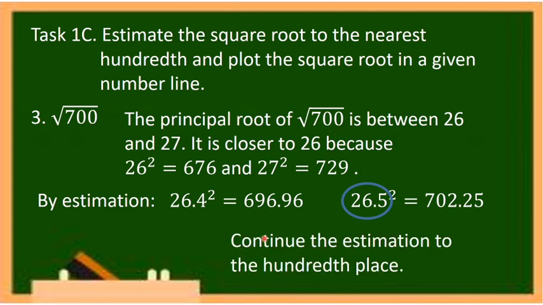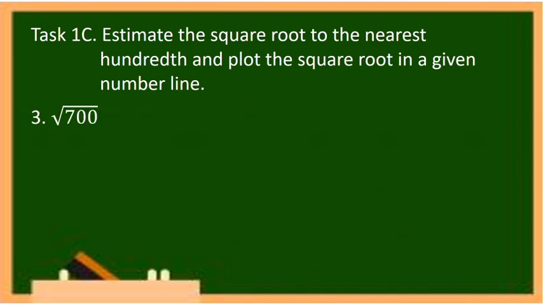Continuing the estimation to the hundredth place, since it is closer to 26.5, we will choose a two decimal place number lower than 26.5. So we can choose 26.45. If we get the square of 26.45, it is equal to 699 and 6,025 ten thousandths.